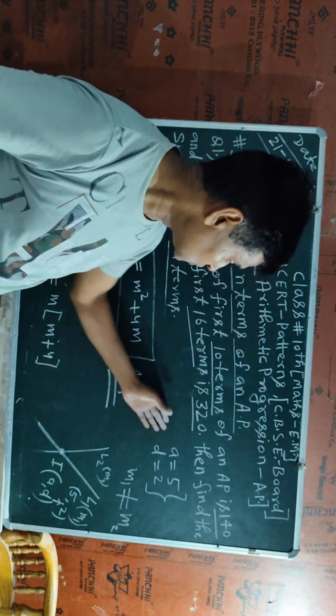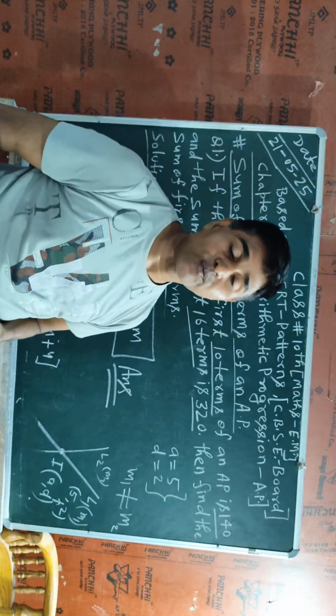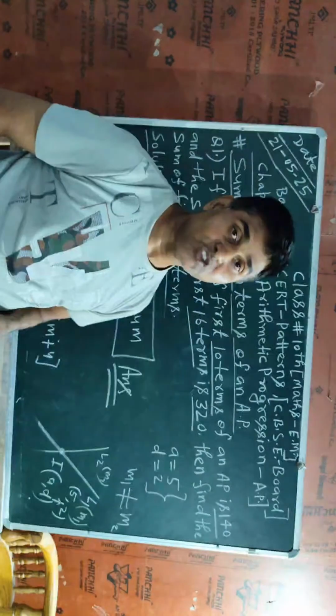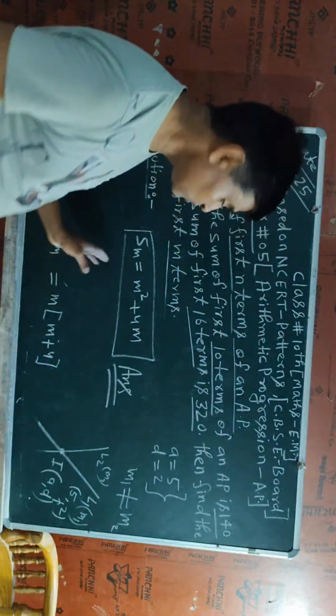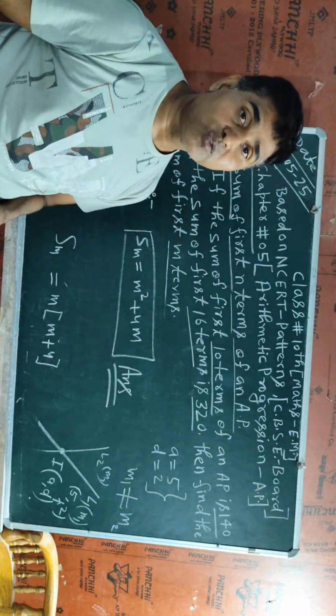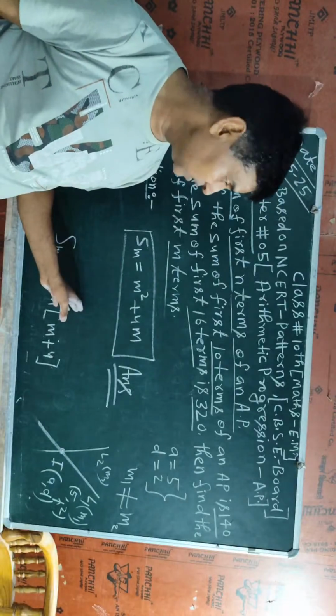Okay, students. In the question we have to find the sum of first m terms of an arithmetic progression. So I wrote the general formula: Sm is equal to m divided by 2, in the bracket 2a plus (m minus 1) into d.